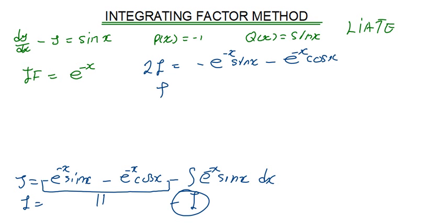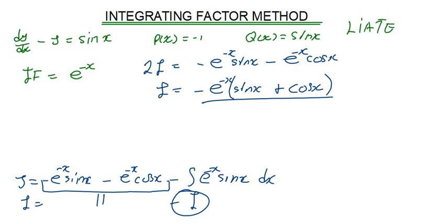So I will be equal to minus e to the minus x, open bracket, sine x plus cos x, like that. Still one and the same thing. That would be divided by 2 there.